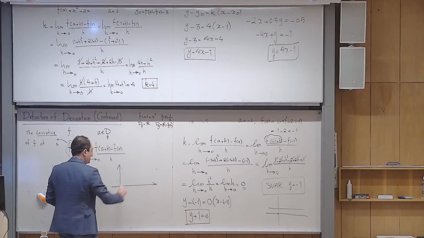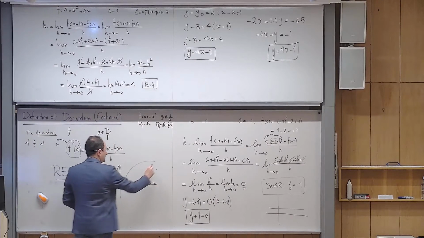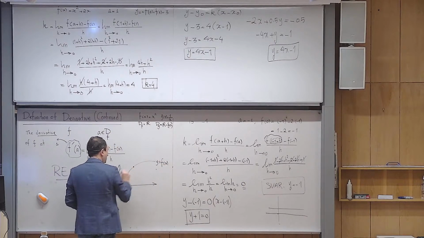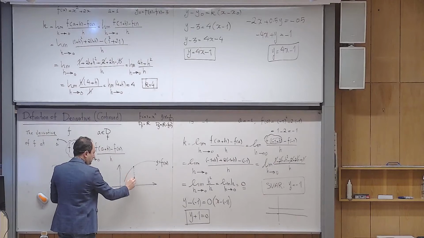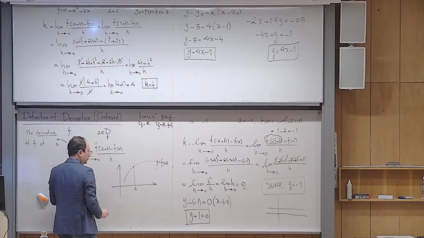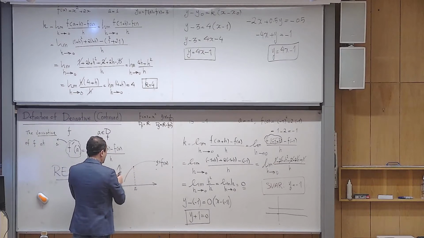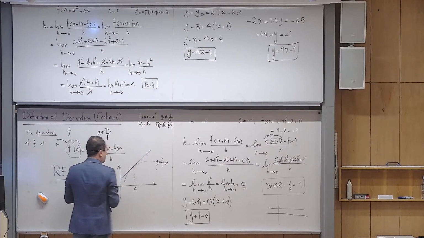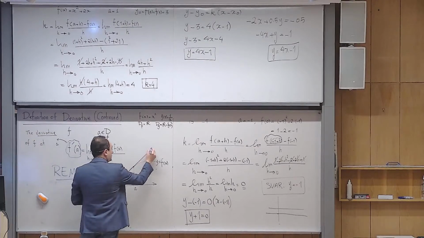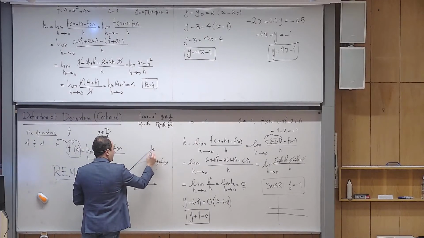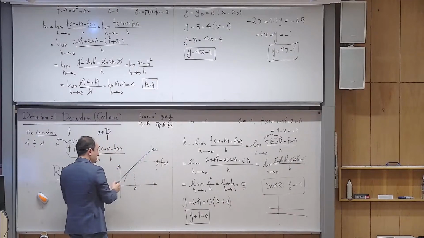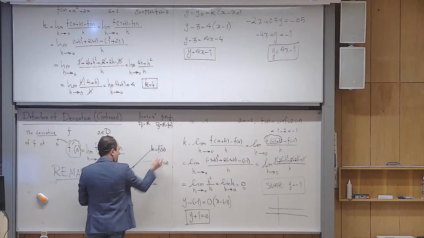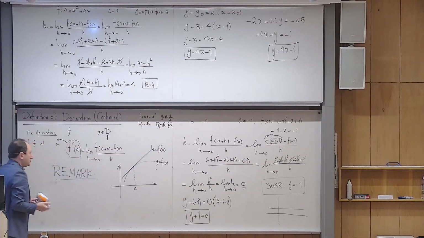So if you have the graph of your function here, and then you have a point here whose x coordinate is a, and then you have a tangent line here. If I ask you, can you relate the k value to the derivative, you would say yes. The k value of this tangent line is f prime of a.